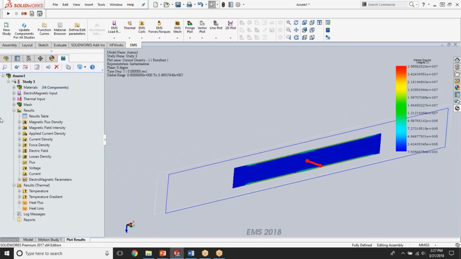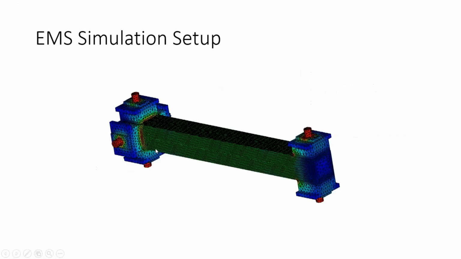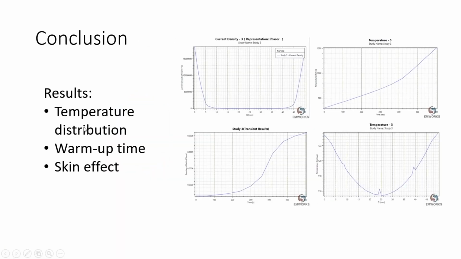So as you have seen, EMS allowed us to pretty quickly and pretty seamlessly integrate one temperature-dependent electromagnetic simulation and obtain results such as current density distribution, temperature rise, and temperature distribution inside the workpiece for a range of time steps without having to go through coupling of different softwares or different packages.